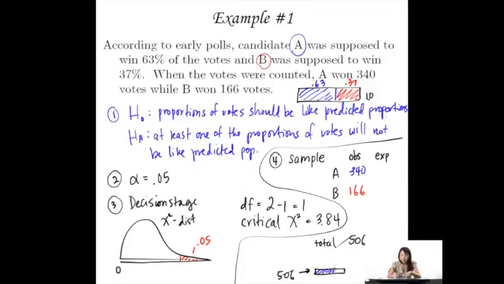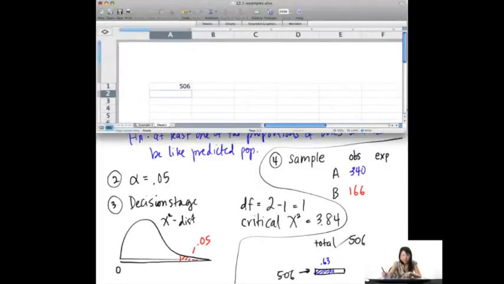We're going to multiply 63% by 506 to find out how many votes that little blue bit is. So that's going to be 0.63 times 506, that total amount. If we multiply 506 by 1, we would get 506. So if we multiply it by a smaller proportion, then we get just that chunk.